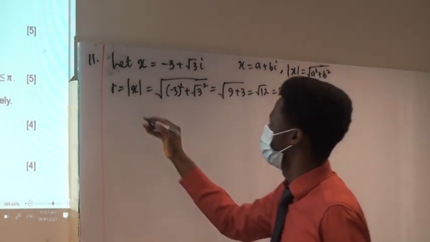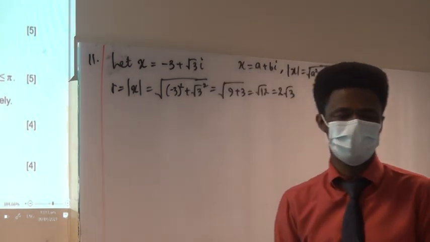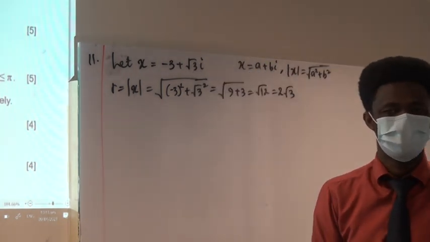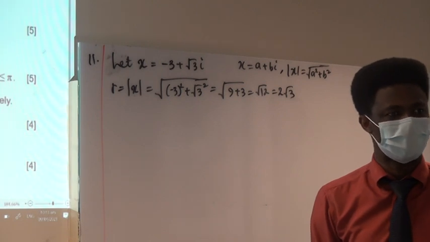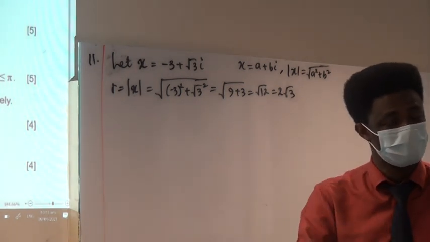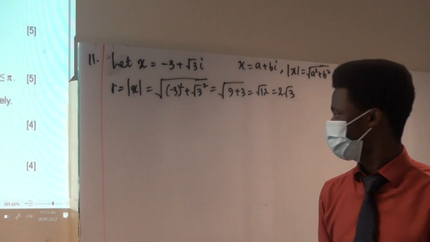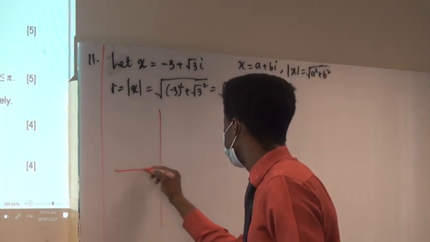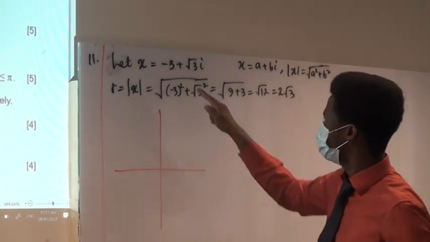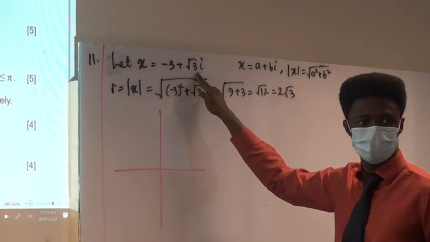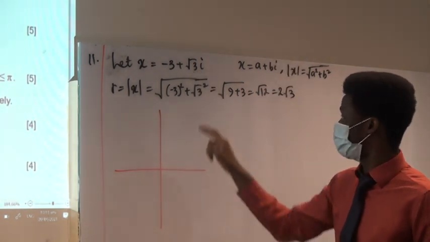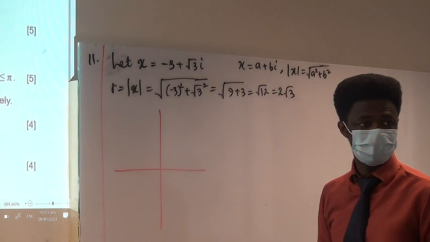Okay? Now, argument. To do argument, I told you something. I said, draw the Argand diagram. That gives you an idea what it should look like. This is the x coordinate, this is the y coordinate. Sort of. So we call it the real coordinate and the imaginary one.